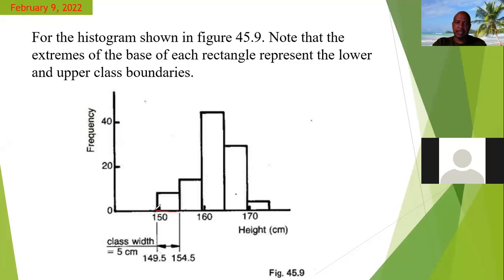The edge is right to the end of the rectangle. So at the end of each rectangle, we have a boundary value, all right? And so once you draw the histogram, you're expected to use the boundary values to form the edge of the rectangle base. So I hope you make a note of that.